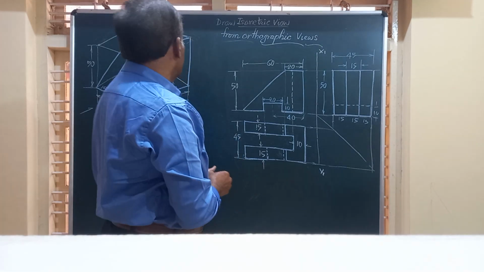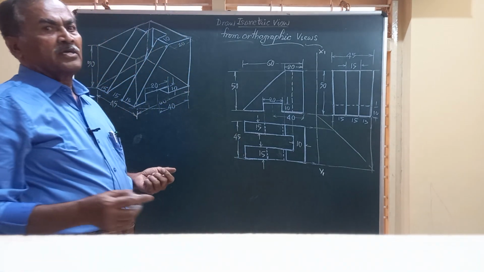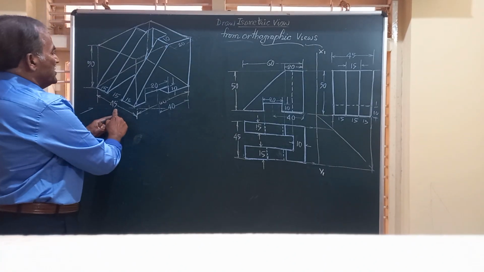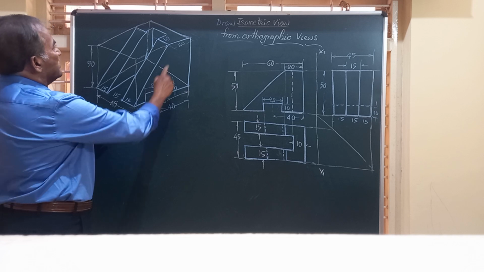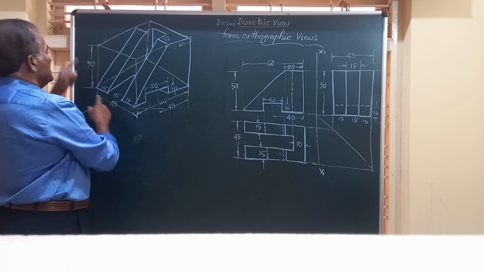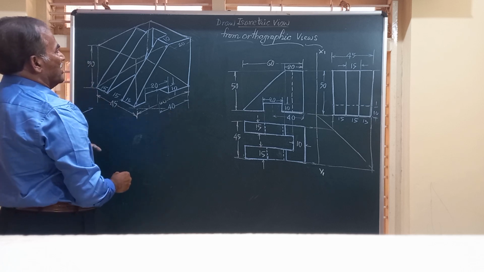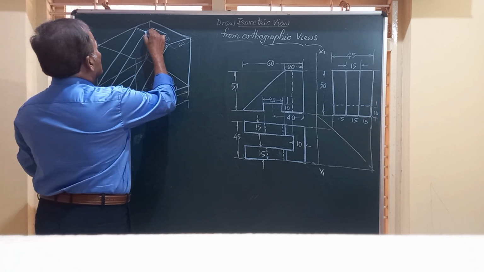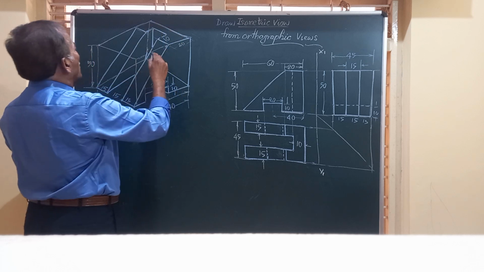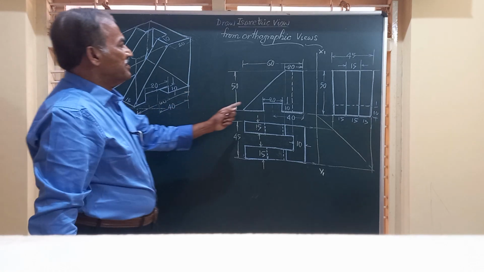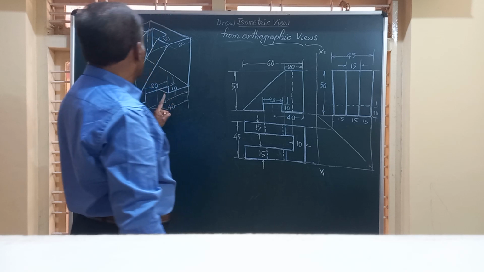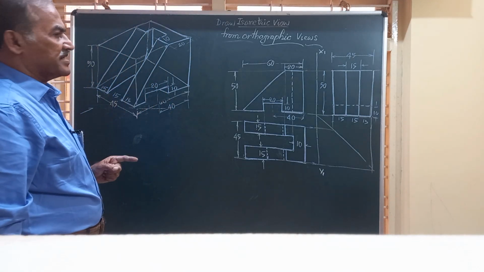And friends, remember, it's a convention in isometric view or isometric drawing not to show any of these angles, but these dimensions can be marked. Major dimensions like the width, the height, and the length can be marked. Friends, this isometric view satisfies all the requirements of the orthographic views given here, and the solution you have got is completely correct.